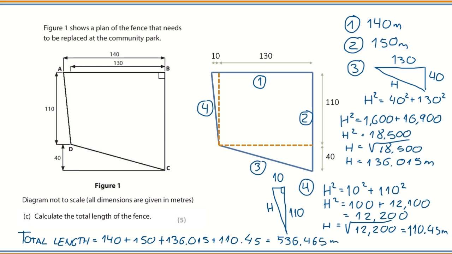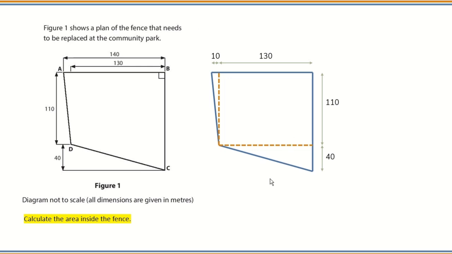The question is not specifying how many decimal numbers they want, so we can leave this answer like this, or if you want, you can round it up to 536.5 meters.